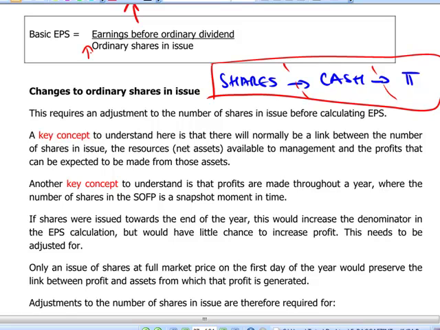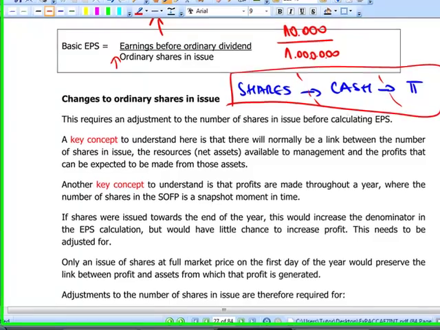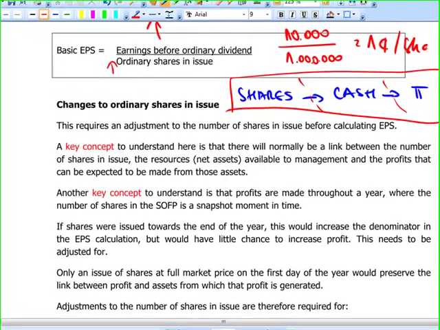So, for instance, if my profit was 10,000 and I used to have 1 million shares in issue, the earnings per share were 10,000 over a million, and you express this in cents, that is 1 cent per share.